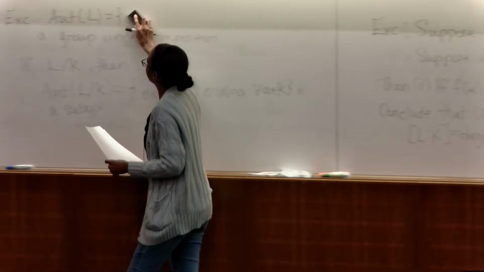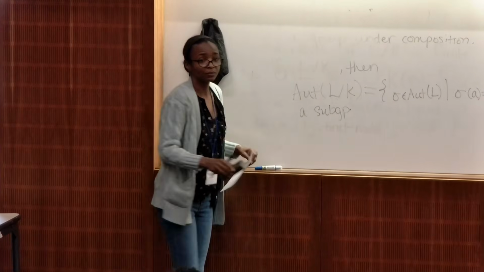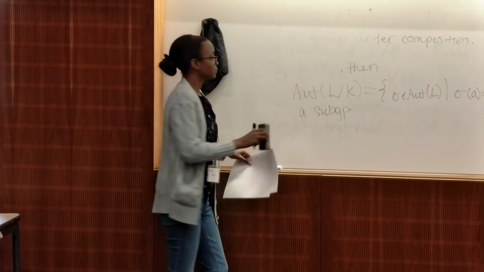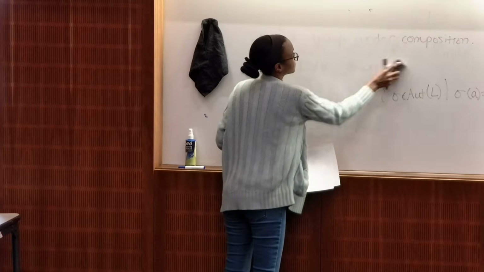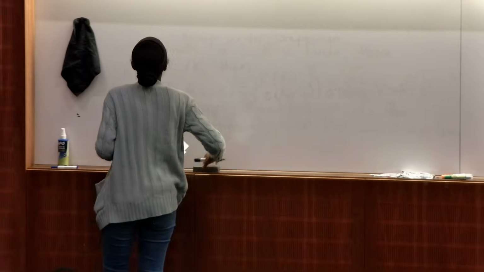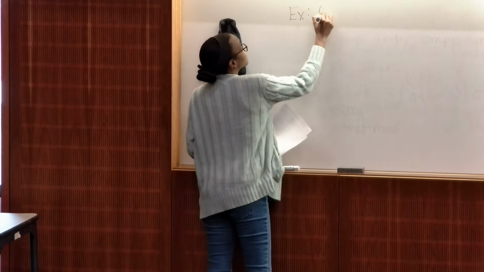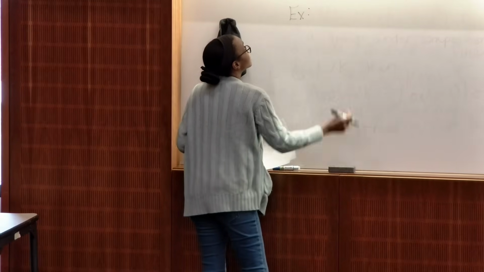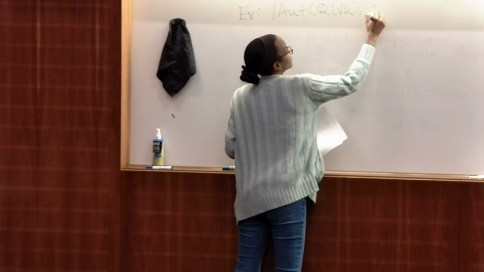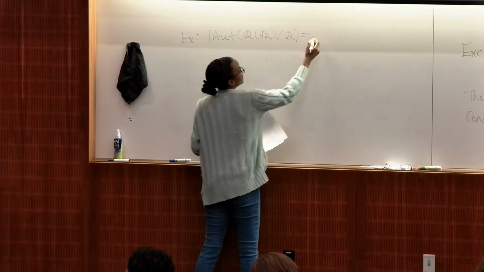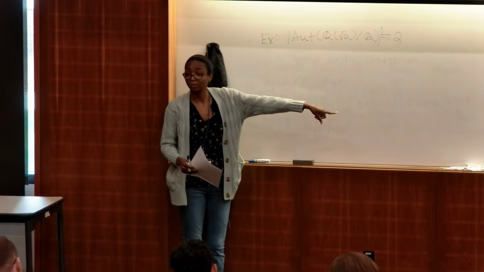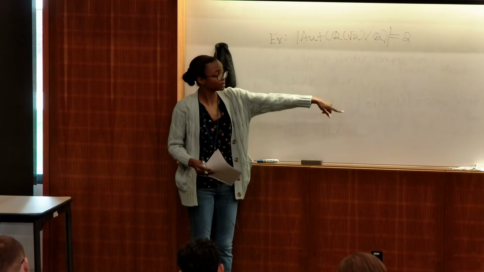One of the exercises I have for you is to prove that if I replace square root of 2 with, say, cube root of 2, I actually don't have any automorphisms. So part of what I'm claiming over there is that I have 2 automorphisms, which is the maximum number of automorphisms I can have because this is a degree 2 extension, right?